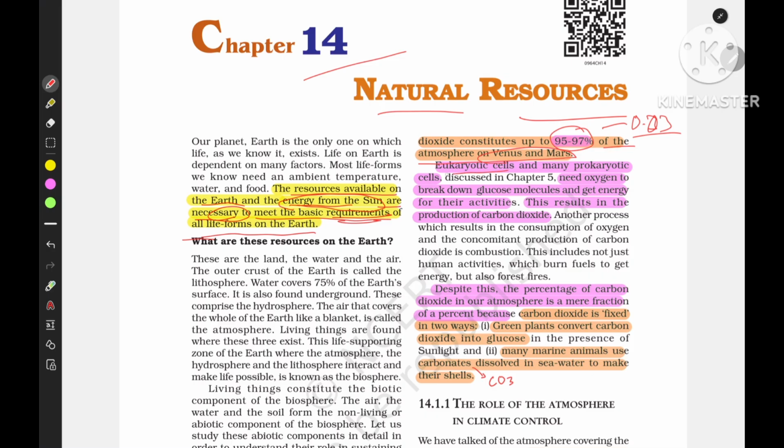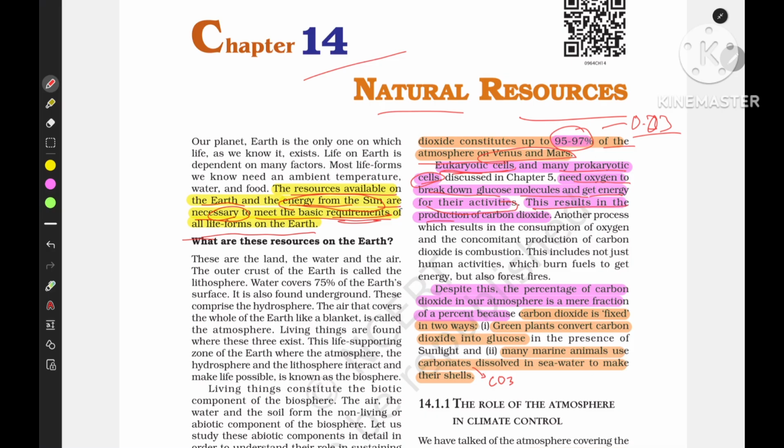Eukaryotic cells, we have discussed already, are those cells which have cell organelles, and their organelles are membrane bounded. Many eukaryotic and prokaryotic cells need oxygen to break down glucose molecules and get energy from their activities.